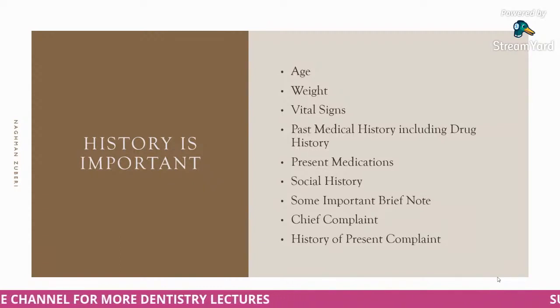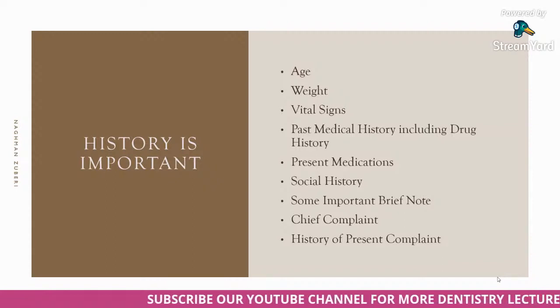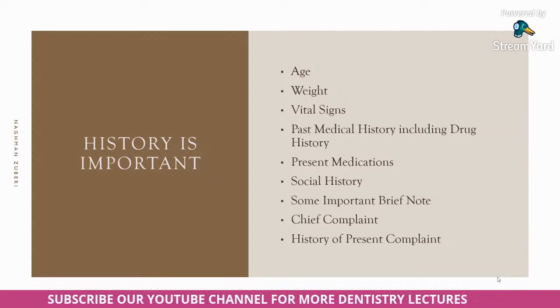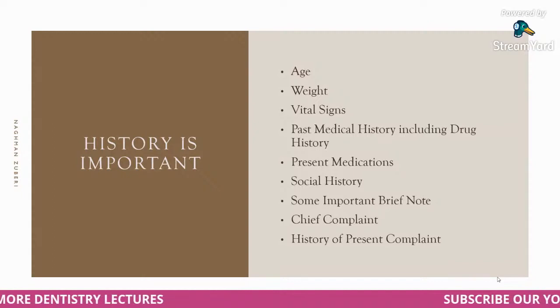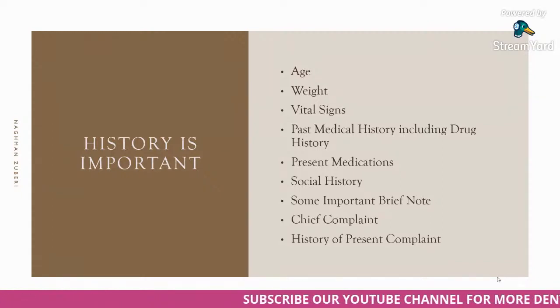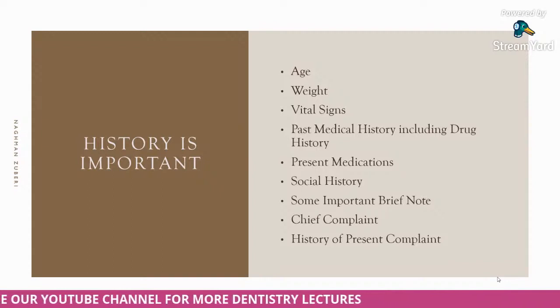If you don't know how long ago the heart was repaired and how much time has lapsed, how would you decide about premedication or antibiotic prophylaxis? Similarly, whether the patient would require some anxiolytic before the treatment, or a prophylactic nitroglycerin before the treatment, these are all very important.